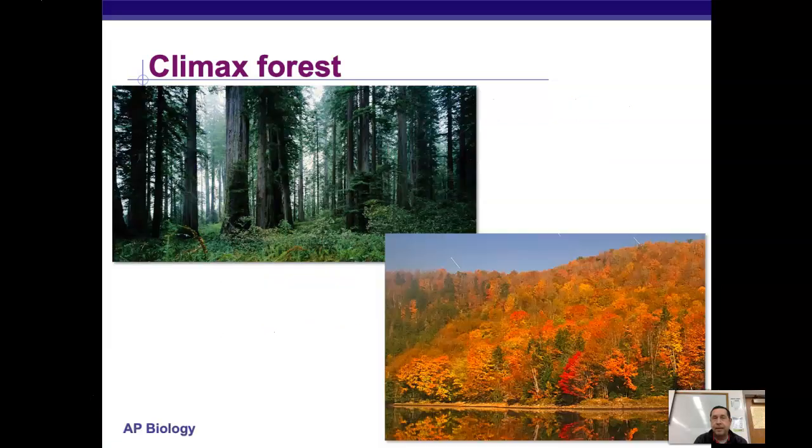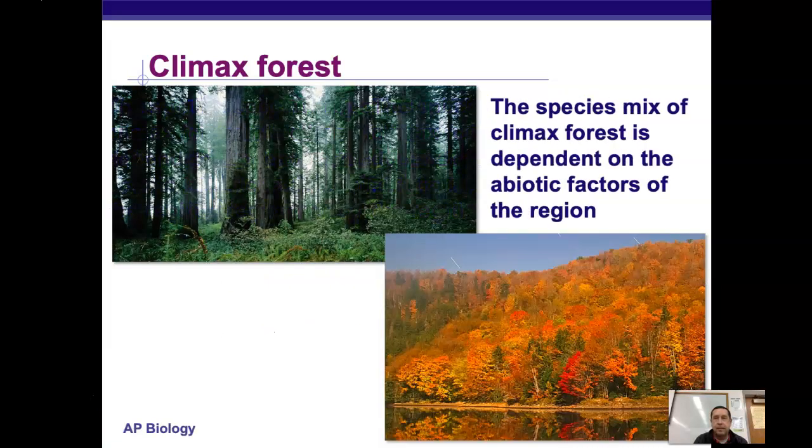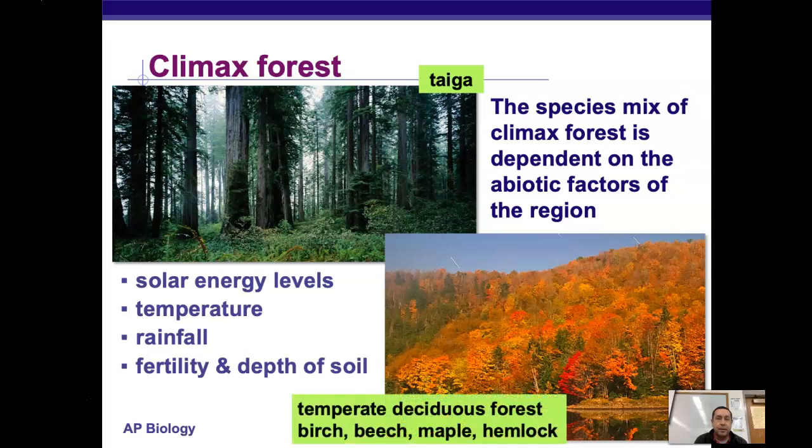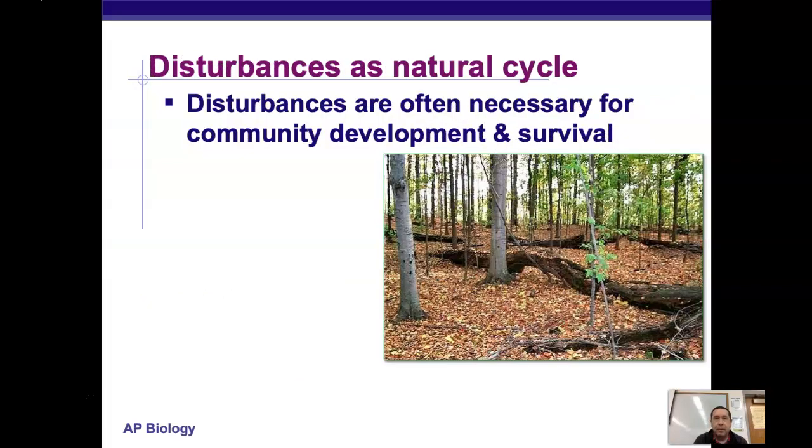There are different kinds of climax forests. Depends on the abiotic factors in the region, solar energy levels, temperature, the amount of rainfall, fertility and depth of the soil, all of those things. So it could be a taiga forest, it could be a temperate deciduous forest, it could be an evergreen forest, lots of them.